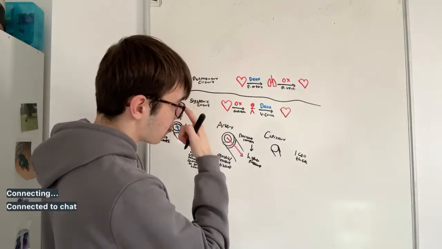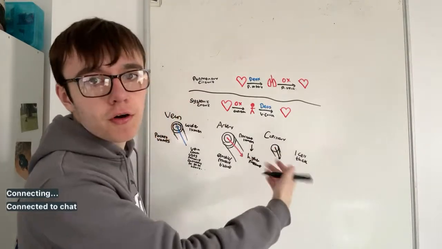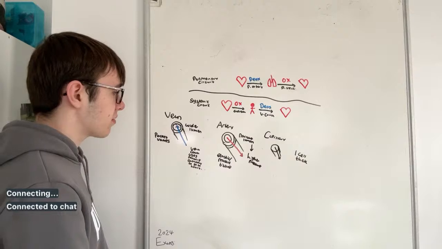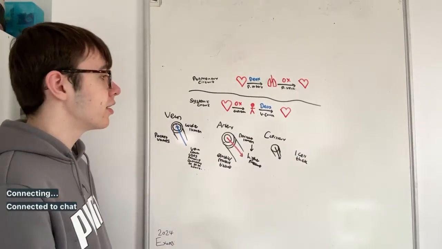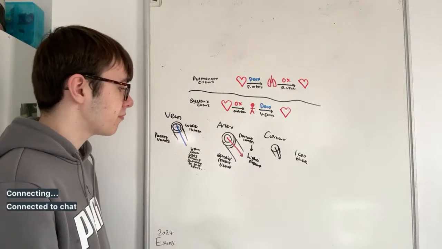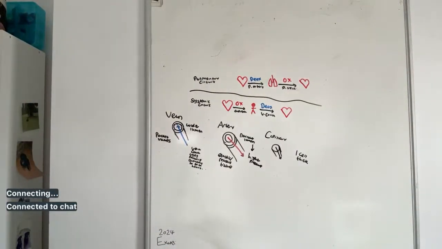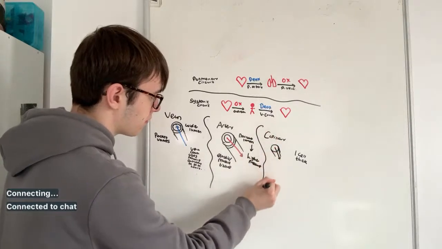And that's kind of all I really recall. Obviously for a short diffusion pathway. But I don't recall anything else about capillaries just yet. There's stuff you need to know about it in relation to the lymph, but we'll get onto that in a sec. So there you go. That's my wholesome little diagram about the veins, the arteries, the capillaries. I'll just kind of draw this to separate them.